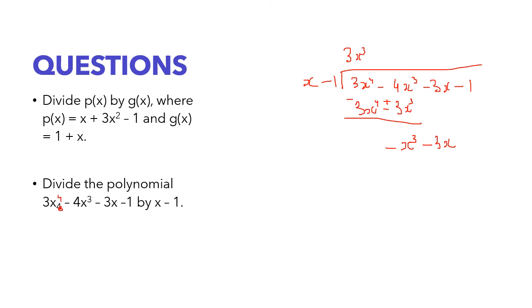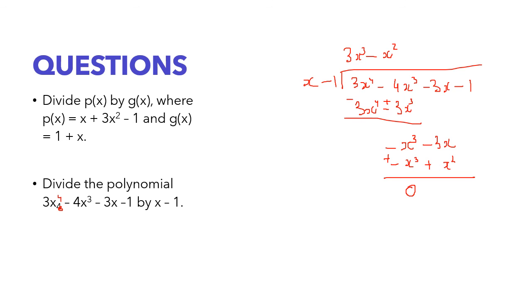So with what should I multiply x to get minus x cube? I should multiply it with minus x square, right? So x into minus x square is minus x cube. Next is minus 1 into minus x square, so it will become plus x square. So this will become ultimately 0, and you have to be careful over here.